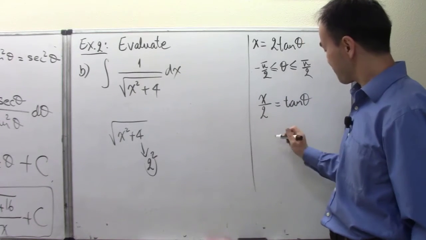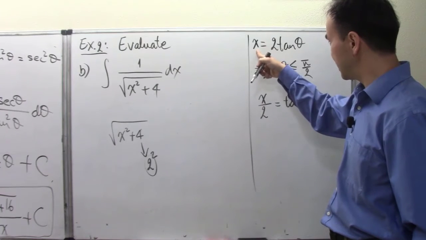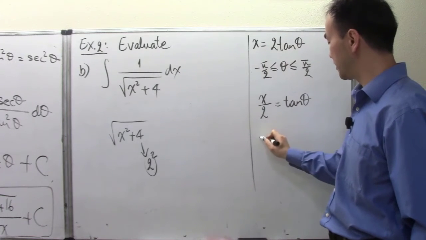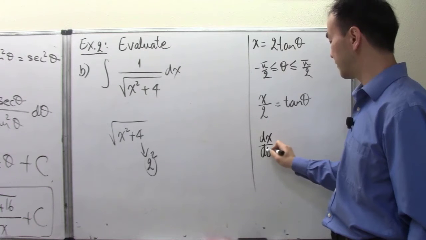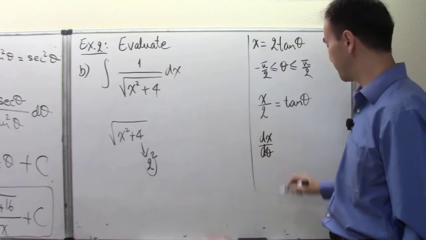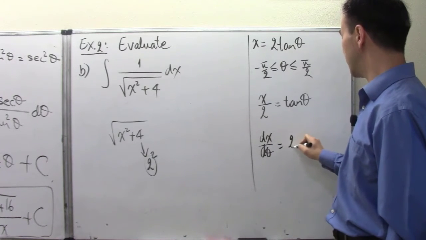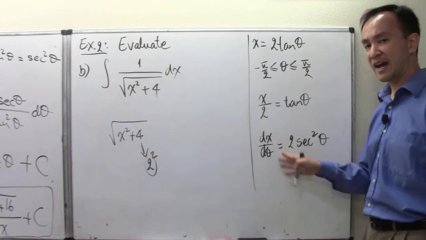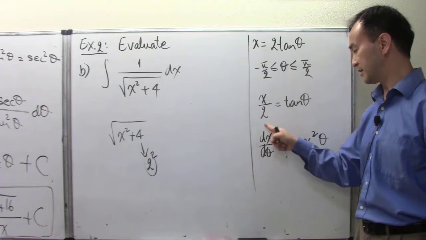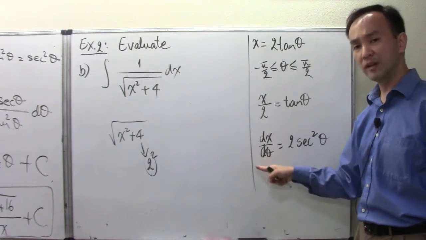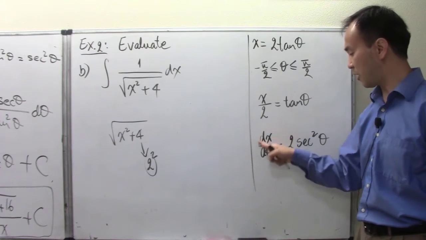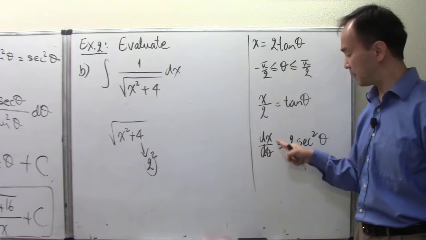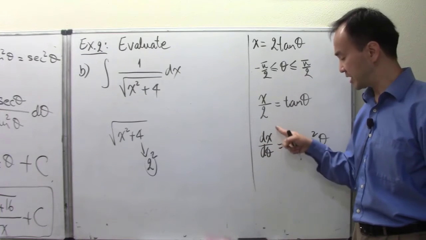Right from that, we see this x as a function of theta. So we can take dx d theta, the derivative of the function x in terms of theta here, and that equals 2 times secant square of theta. And just like how I have explained many times, we are seeing this not only as a notation for derivative, but also a ratio of 2 differential expressions, dx and d theta.